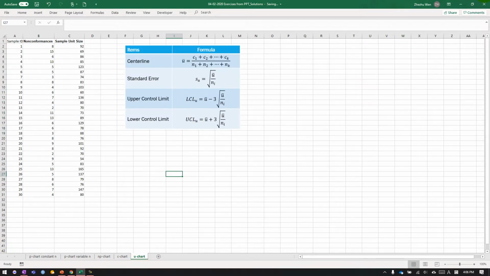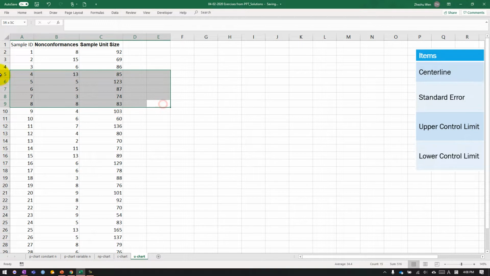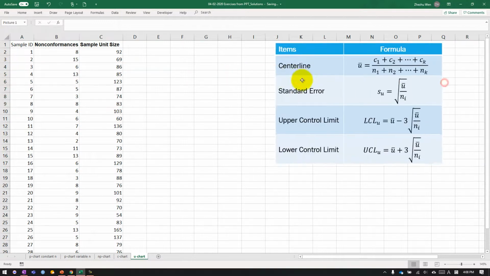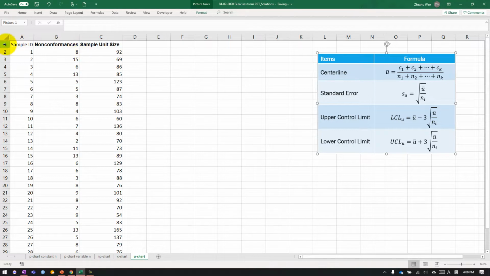Last one, the U bar chart. The last case is the U bar chart, and let's find out the important information first. In this case, you know that we are looking for a varying control limit. Therefore, the control limit is different from sample group to sample group, so it is necessary to write down some information next to each row.